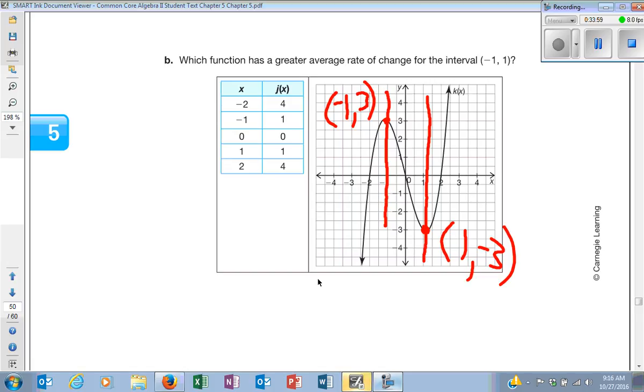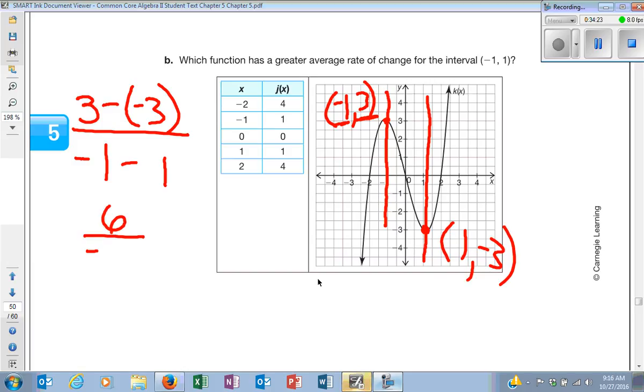Remember, I always try to make it positive if I can, so it becomes 3 minus the negative 3 over, remember if I did the 3 first, I have to put this first, negative 1 minus 1. And so it looks like it's an average rate of 6 over a negative 2, which is an average of negative 3, or negative 3 over 1.